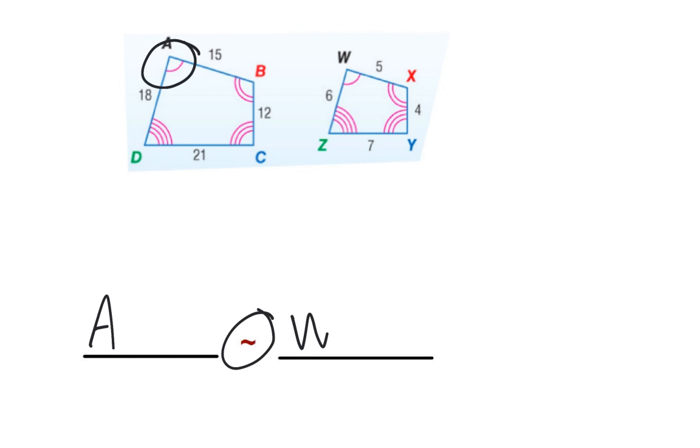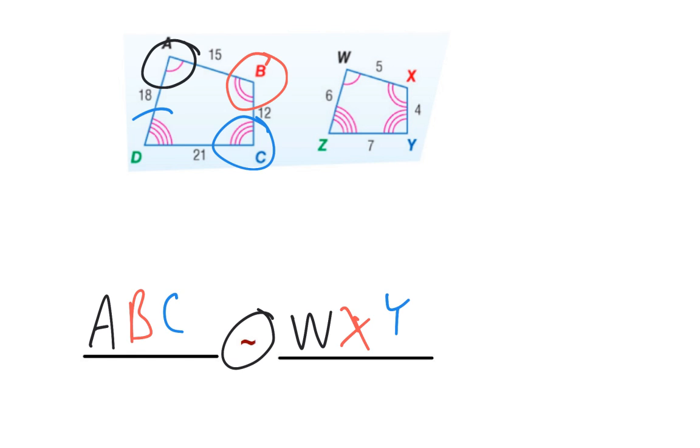W. Angle B matches up with what? Angle C matches up with? And D matches up with? Okay. Because they were marked the same number of times. So pay attention to that.